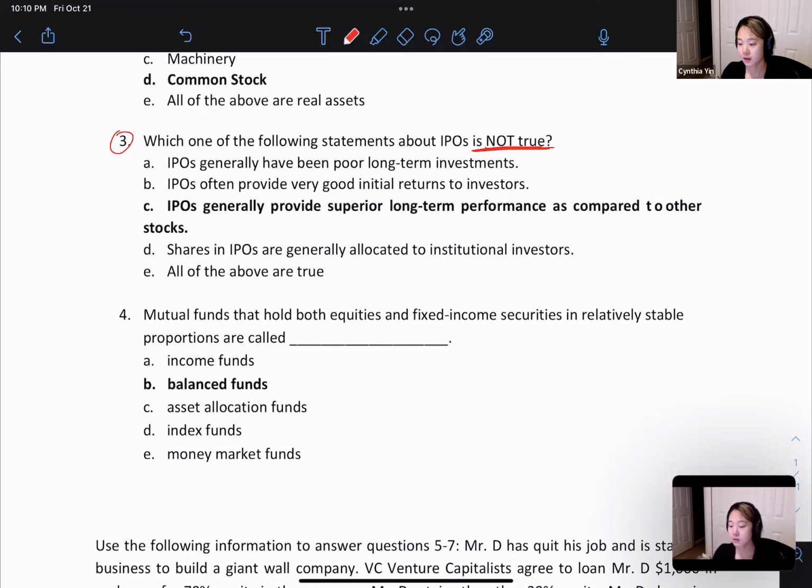But in the long run, IPOs tend to underperform those matching firms. If you don't remember that, you can go back to chapter 3 about security markets. There is a slide showing that over a 3-year holding period, compared to the matching firms, IPOs actually earn lower returns.